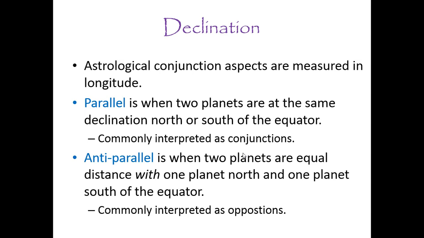That means its declination is above 23.5 degrees above the equator, or below the equator by 23.5 degrees. The astrological interpretation of out of bounds is that the planetary movement gets wild. It's not contained within the sun's orbit.